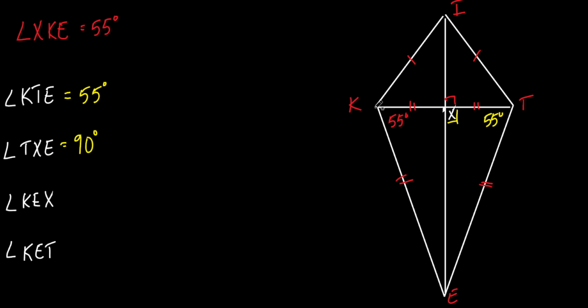What about KEX? Let's find that. KEX. That's that little skinny one down the bottom left. All right, so this is what I'm trying to find right there. Okay, there's an easier way to do it, though. We've discussed this before, not a lot, but we have talked about it. If you have a right triangle, because you do, you could go 180 minus 90 minus 55.